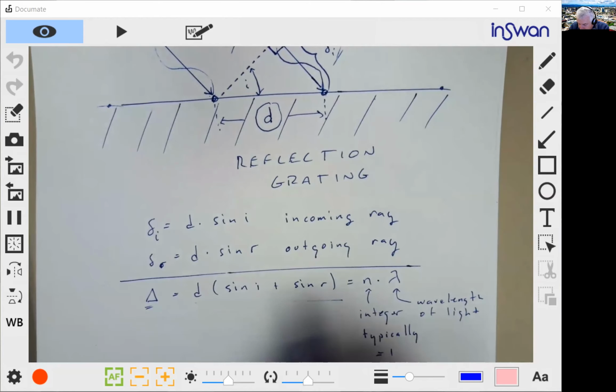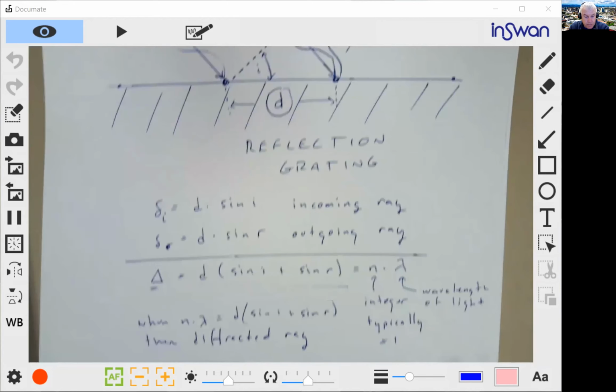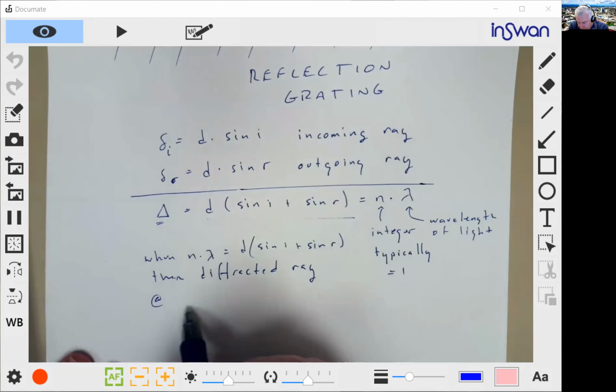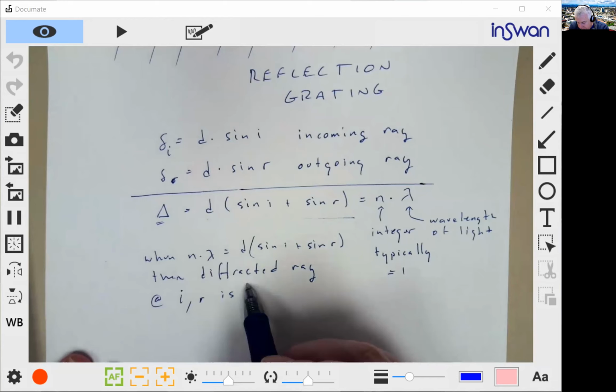Then it's like saying that when n times lambda is equal to d sine I plus sine R, then the diffracted ray at I and R is bright.